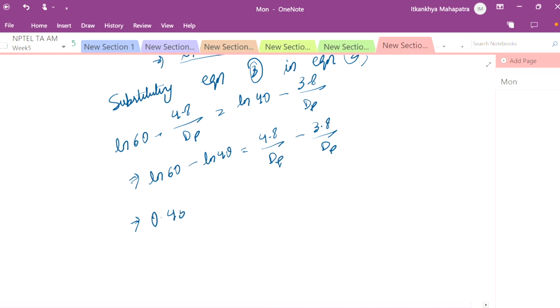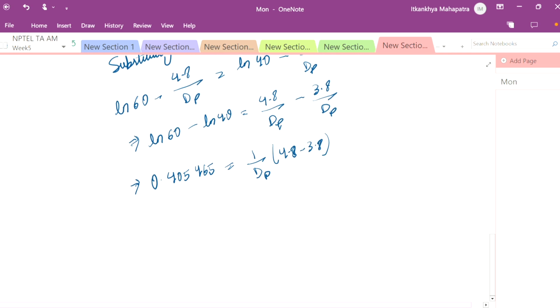Let me calculate. This will become approximately 0.405465 is equal to 1 by dP times 1 minus 4.8 by 3.8.